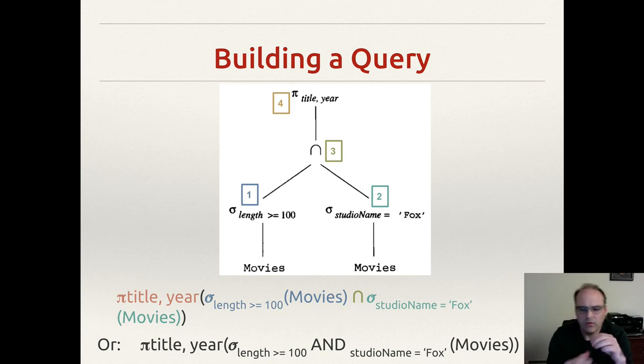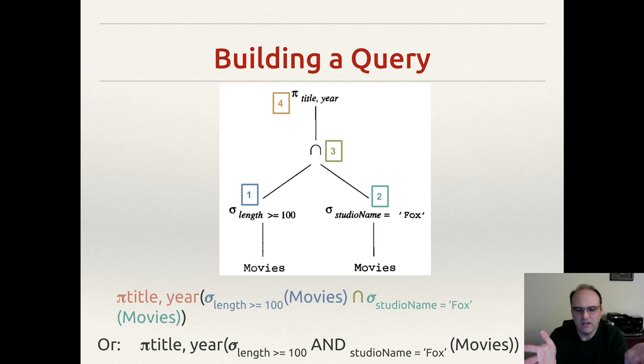Number three is our intersection for those two. And the last one is where we use projection to only return the attributes title and year. What you see down there, I apologize, got moved over onto a second line. It didn't look like that before I put it into this mode, but I'll try to clean that up when I put the slides up.